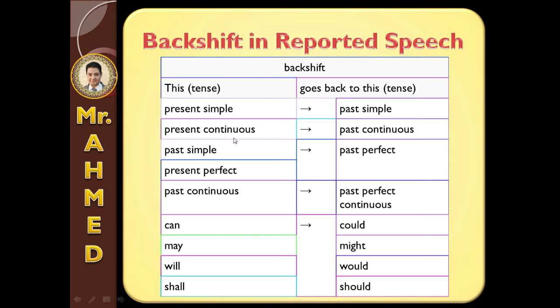Present continuous will go back to past continuous. Past simple will go back to past perfect. Present perfect will go back to past perfect. Here, the past perfect will stay as a past perfect. Past continuous will go back to past perfect continuous.